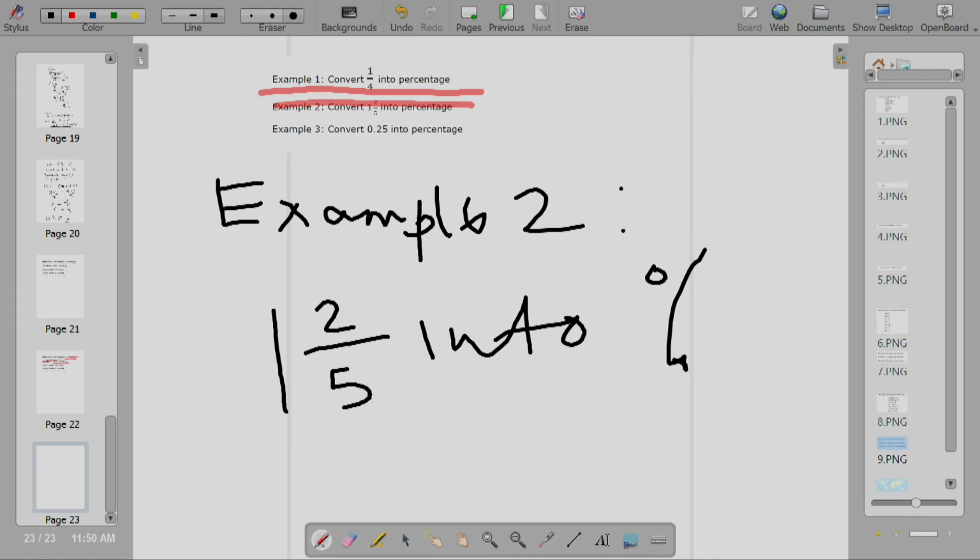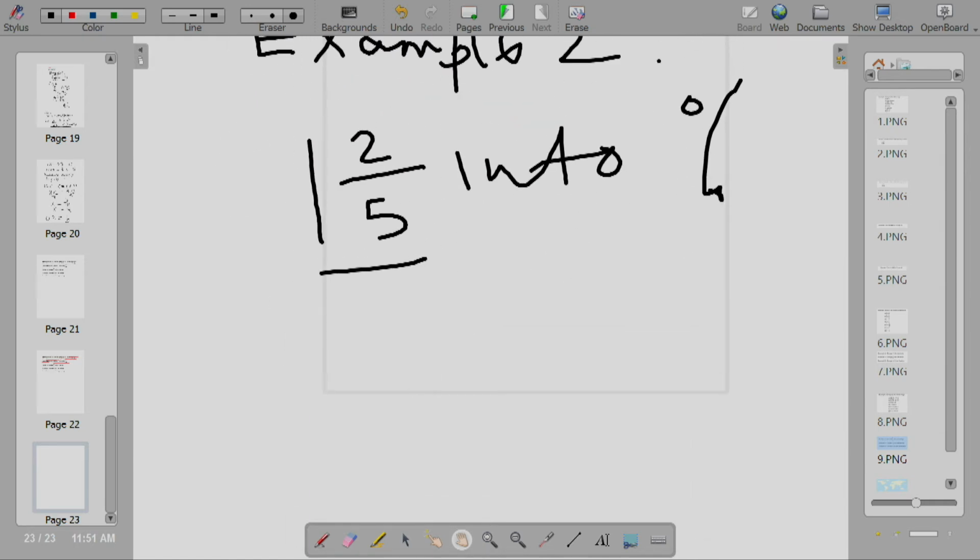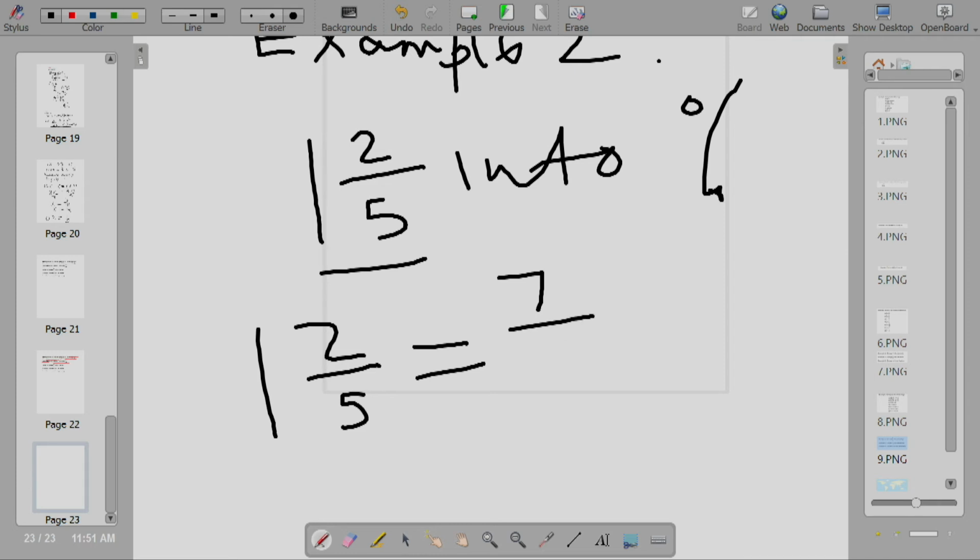First, let's convert this mixed fraction into an improper fraction. So 1 and 2 over 5 will be equal to 1 times 5, 5, plus 2, which is 7 over 5. It will be equal to 7 over 5.